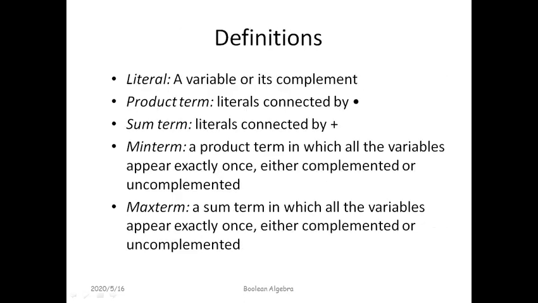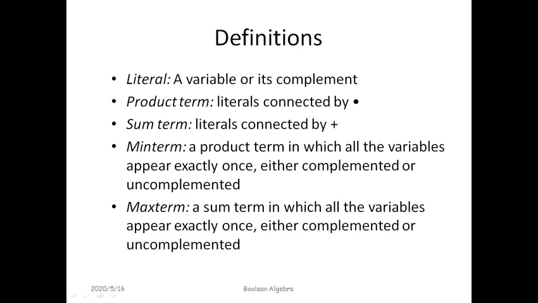Let's begin by looking at some of the typical definitions that will make us understand this next segment. Literal, we already defined it. This is a variable or the complement of a variable. Then we have a product term. Product term refers to variables that are connected by the dot.